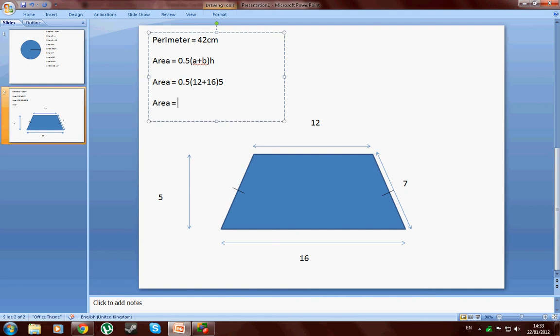A half of 12 plus 16 is 28, times 5. You could times by 5 first or times by a half first, it doesn't matter, but let's times by a half first. A half of 28 is 14, times that by 5, so the area is 70 centimetres squared. So we've figured out the area of that trapezium, and we've figured out the perimeter.